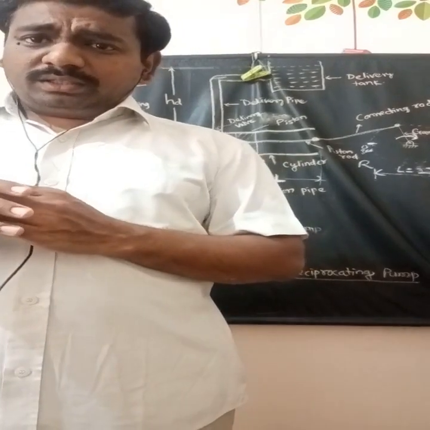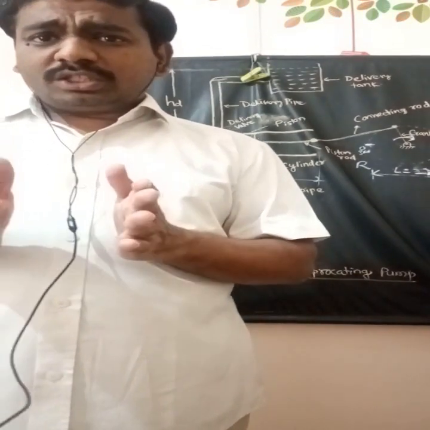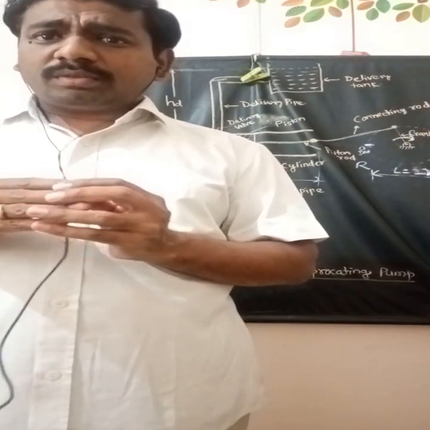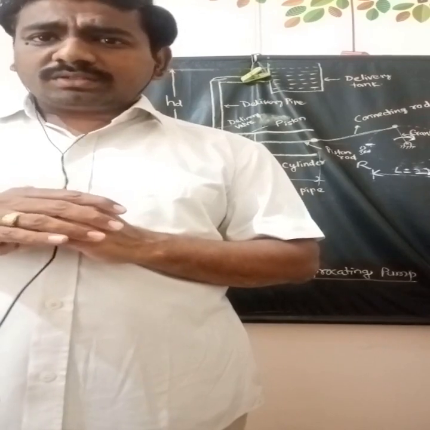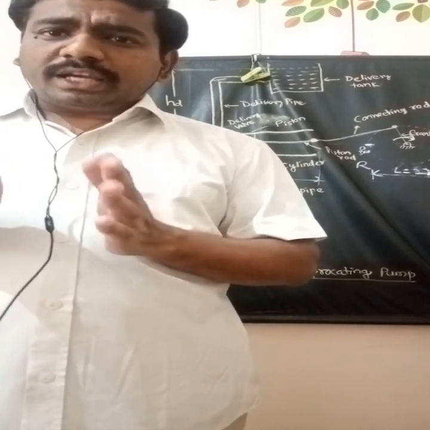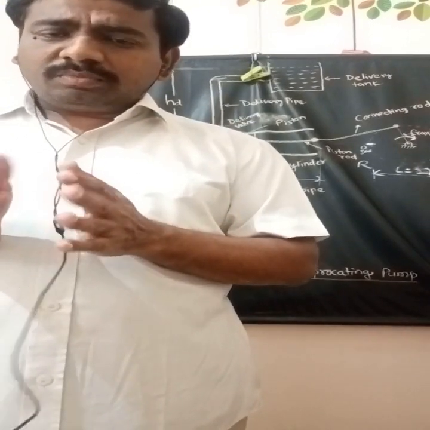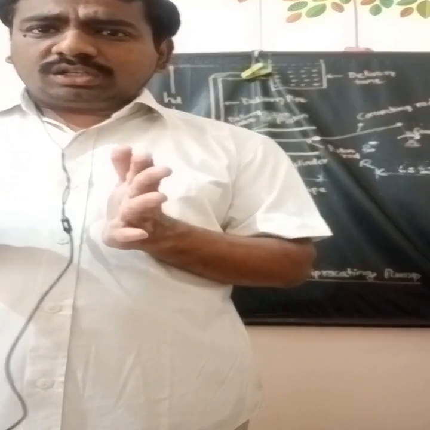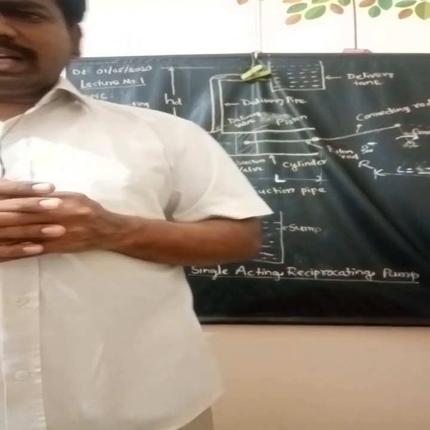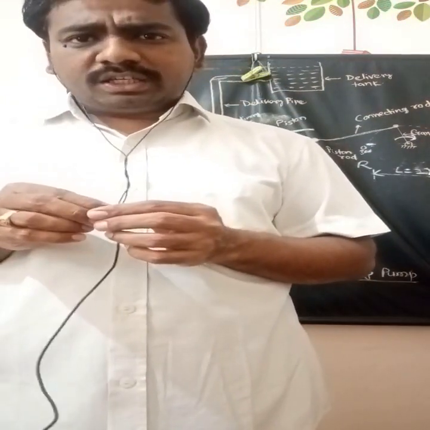The actual discharge value you will get from the problem or from that particular case, and obviously the actual discharge will be less than the theoretical discharge, because some leakages and losses will be there. So the coefficient of discharge is the ratio of the actual discharge to the theoretical discharge.